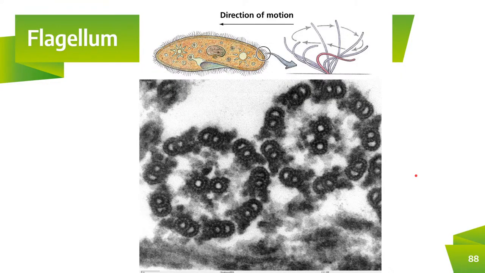So already, if you look at the cilia and flagella under a very good microscope, and you cut through them, what you will see is structures like this. Right? You will see basically 9 double circles in a circle and 2 round circles in the middle.